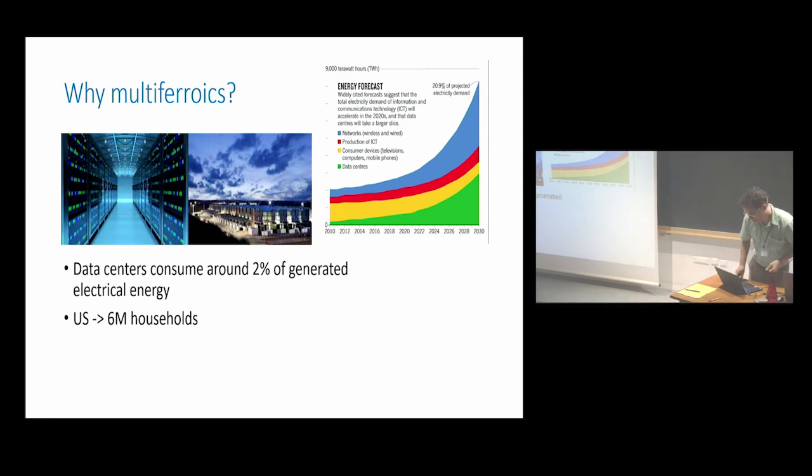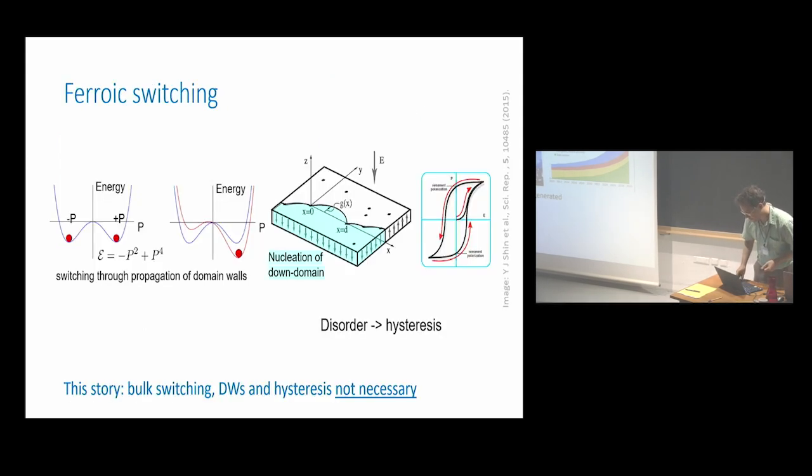In the US, data centers are using about 2% of all the generated electricity. One of the culprits is that we are using magnetic hard drives where the magnetic fields cannot be localized efficiently, so the bits cannot be made smaller, and the currents used in miniature electromagnets to switch the bits lead to dissipation.